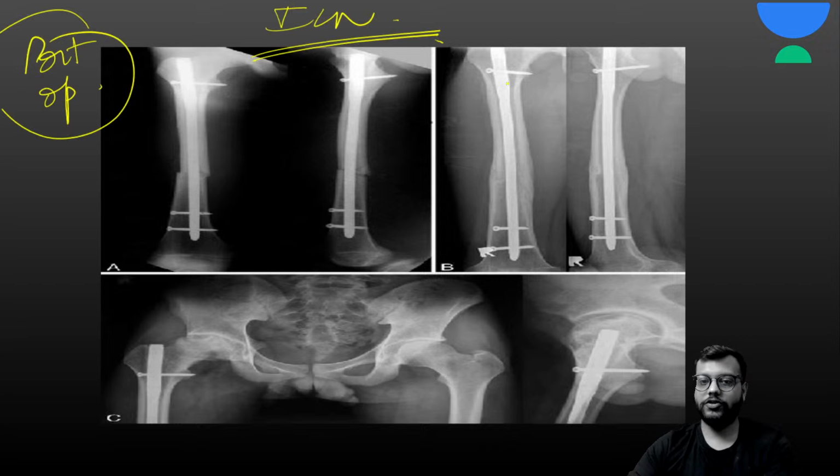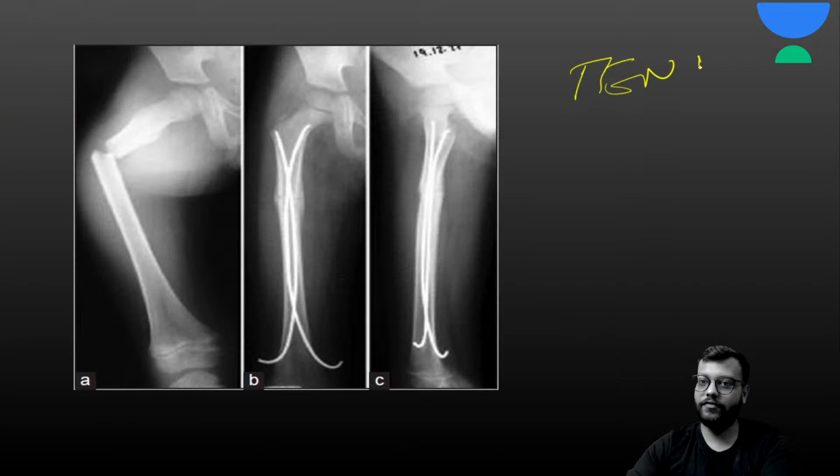Okay, this is your fracture shaft of femur and it is healed like this. Okay, you can also go for plating. This is your TEN nail or the Anders nail, which is used in children.